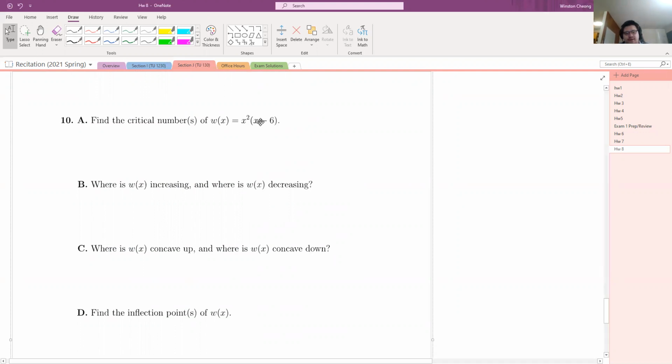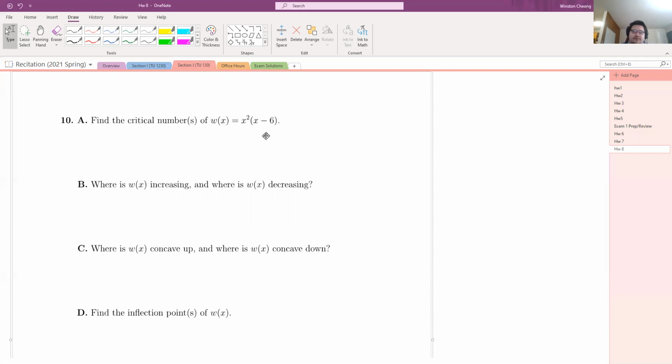So first of all, typically it's not going to be a polynomial. Polynomial is a little bit too easy. But instead, usually we would give you something like a rational function. And so on a test, this kind of problem shows up very frequently. We would give you a rational function and we would give you the derivative and the second derivative of that function.